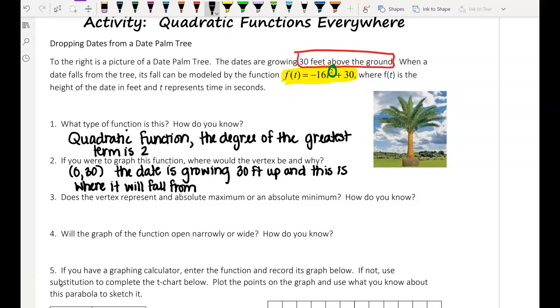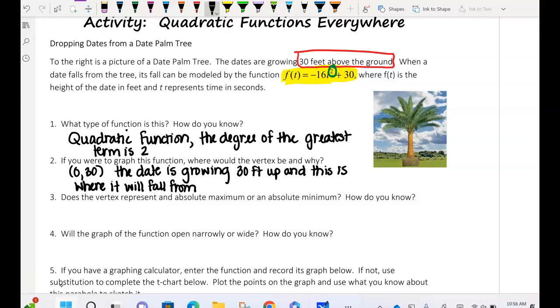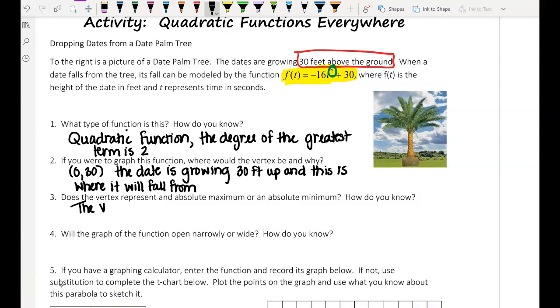Maximum. The date can't get any higher than 30 feet and it's going to fall to the ground. So the vertex will be an absolute maximum. The date will never be higher than 30 feet in the air.